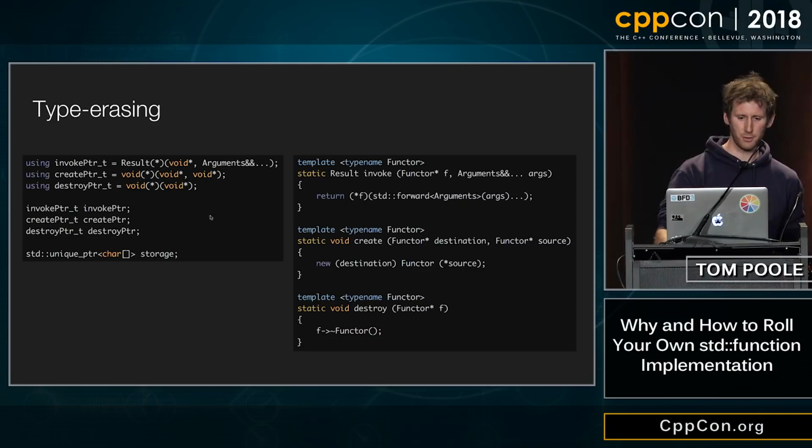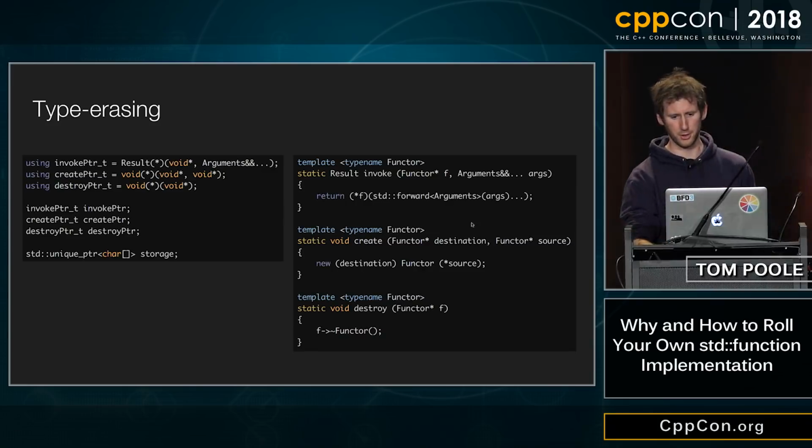In tandem with this, you have a set of type-aware functions. These functions are type-aware because they have a template type, and this functor is going to be the type of the thing that we're storing. Because we know this type, we can invoke the thing, we can copy construct this thing into a specific destination, and we can destroy it.